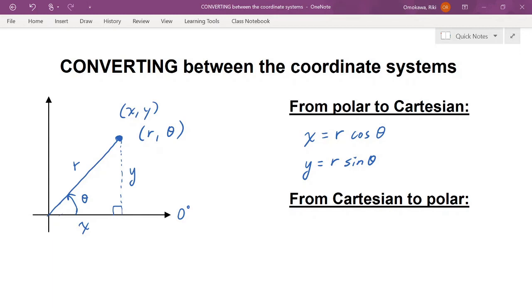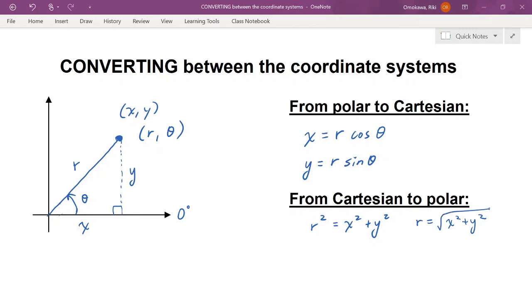So the Pythagorean theorem in this case tells us r is the hypotenuse, so r squared equals x squared plus y squared. And then you could solve for r to get r by itself, as in you could square root both sides. So another way to write this would be, okay, r equals the square root of all this, right? x squared plus y squared.